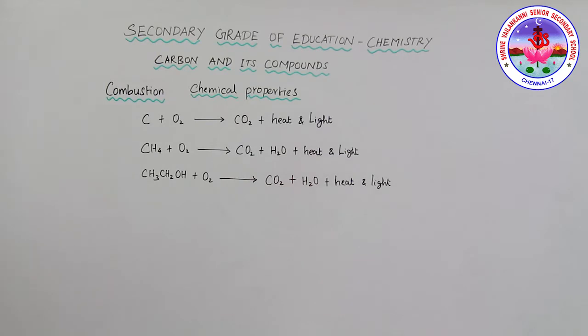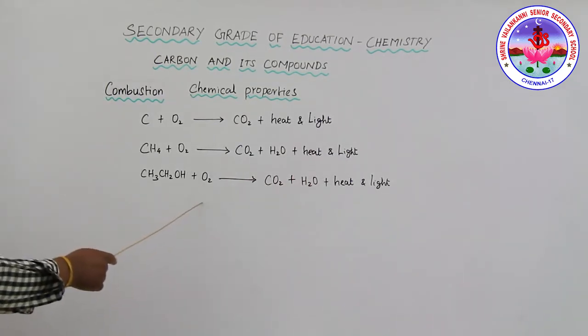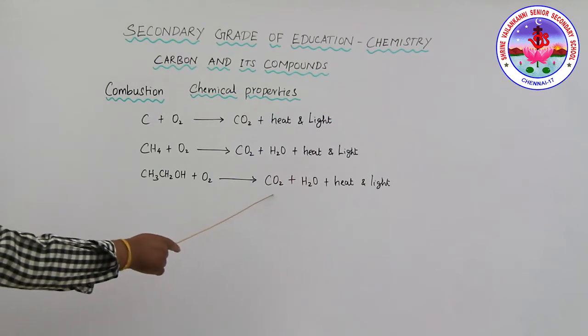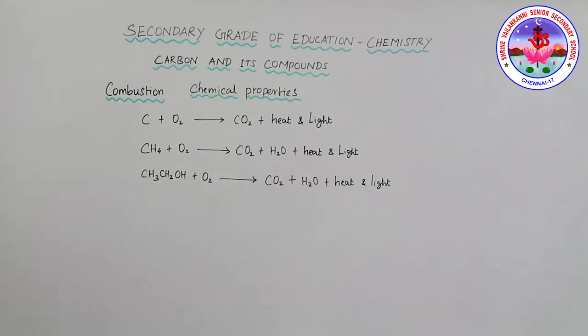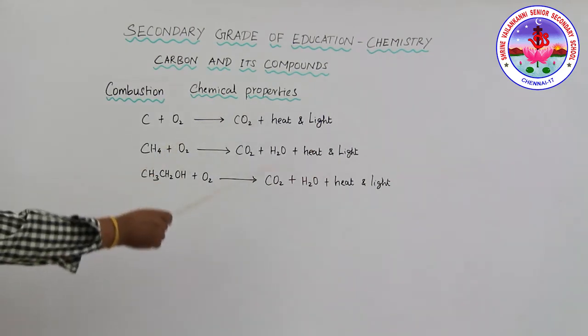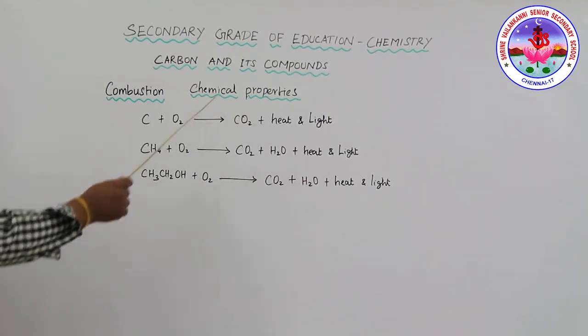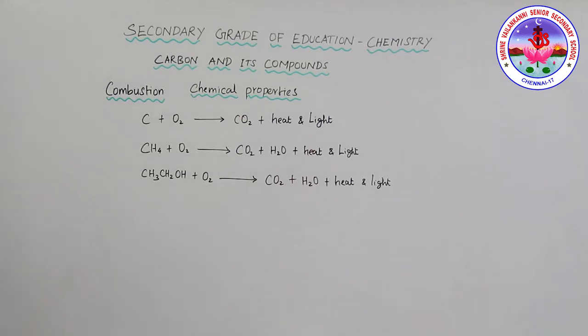Similarly, ethanol in the presence of oxygen on heating gives carbon dioxide, water, heat and light. So all these reactions produce carbon dioxide gas. This reaction is called a combustion reaction.